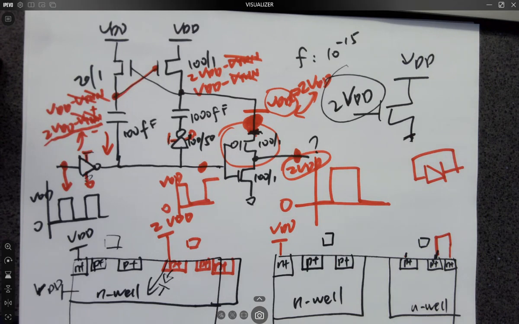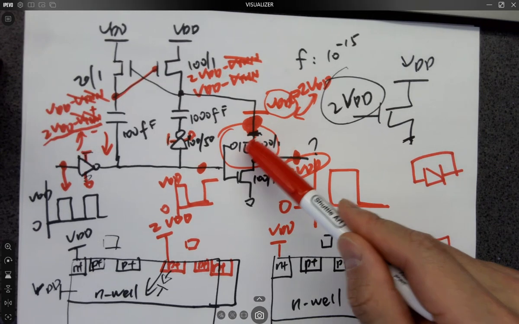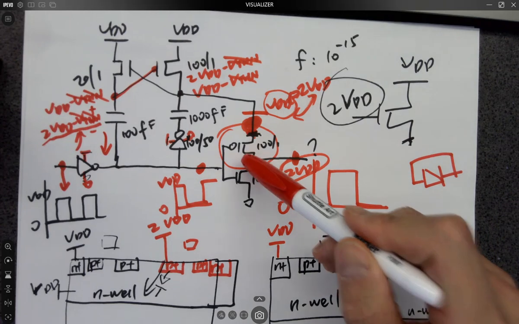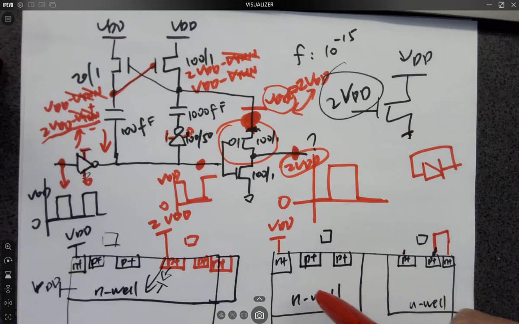So that's why we just ignored the force terminal. But for this one, if you ignore the force terminal, by default the body of this transistor in the schematic will be shorted to VDD, like the regular NMOS and PMOS bodies.